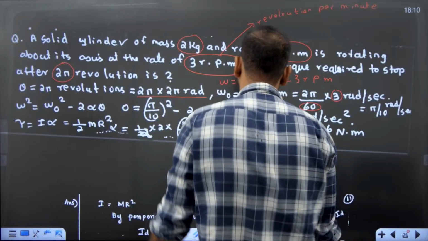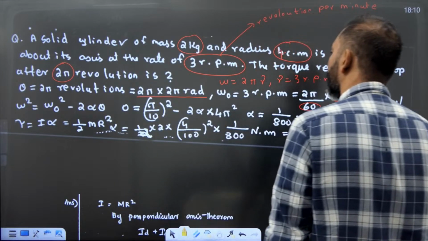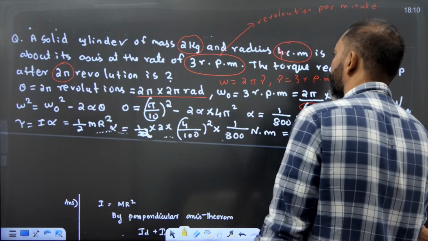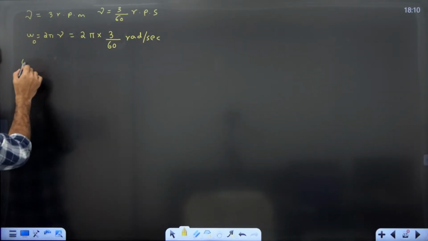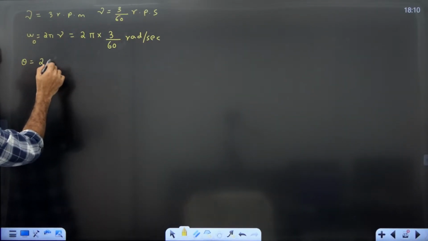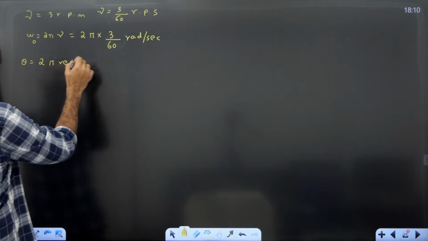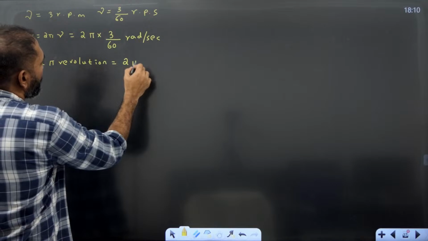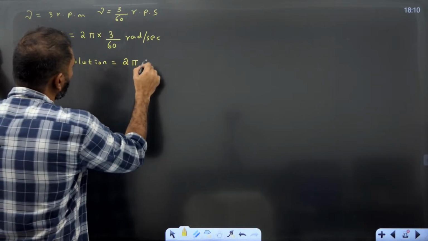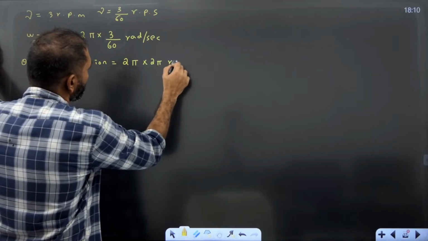Now, what are the data given? What is the angle turned? Angular displacement in 2 pi revolution. One revolution is 2 pi. So what is the angle turned in 2 pi revolution? 2 pi into 2 pi radians.